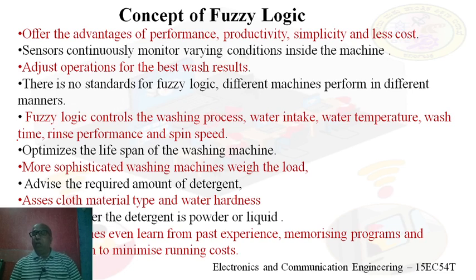They even advise the required amount of detergent with the help of the load, assess cloth material type and water hardness, and check whether the detergent is a powder or a liquid. Some machines even learn from past experiences, memorizing programs and adjusting them to minimize the running costs. This is the concept of fuzzy logic.